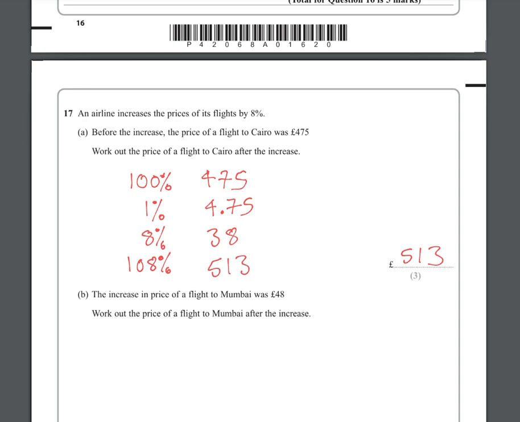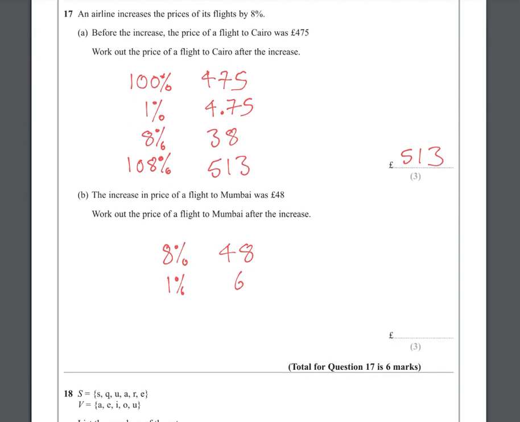Okay, the increase in flight to Mumbai was 48. So we're saying that actually 8% was 48. So now if I work out 1%, I divide by 8. 6 eighths 48, so 1% is 6.